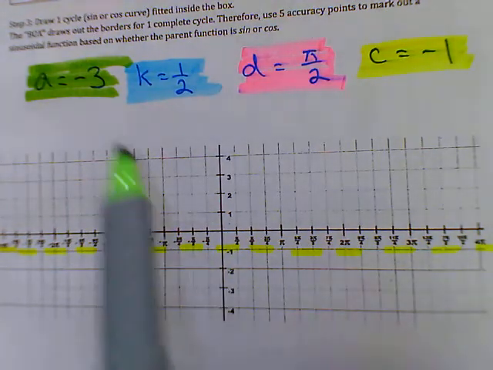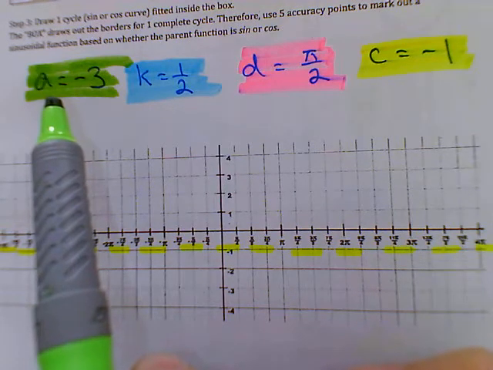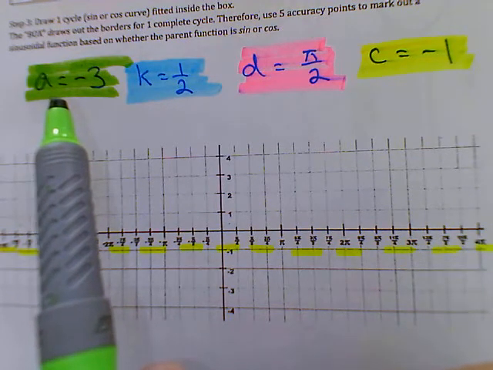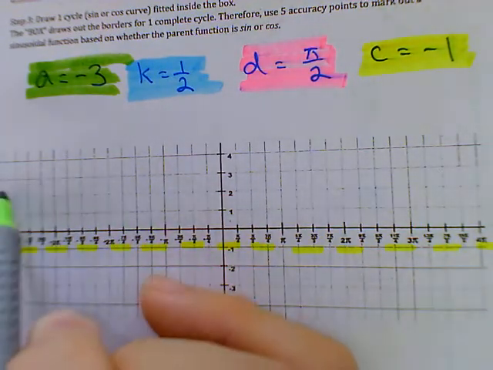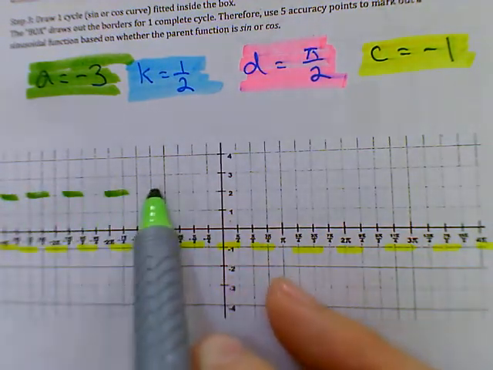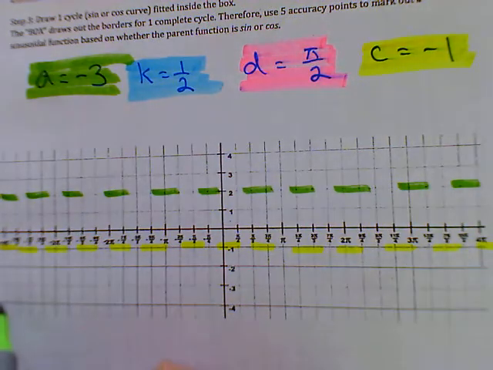Next, I know that I am going to go above and below that middle line by a value of 3. So from -1, count 3 up, which is going to be a max of 2 and a min of -4.